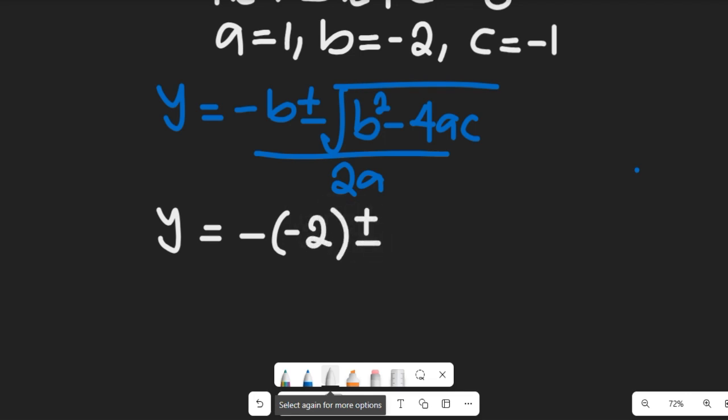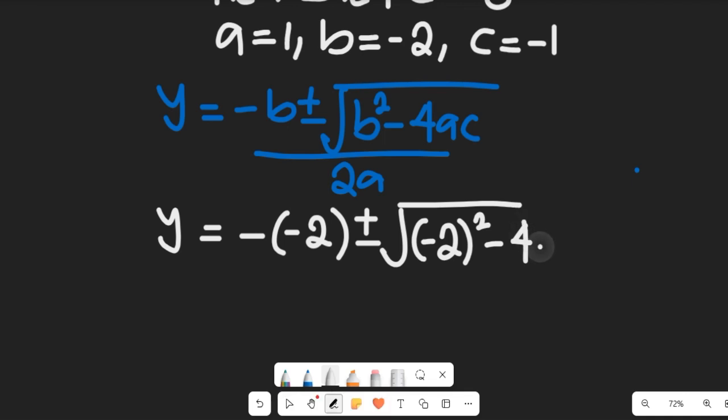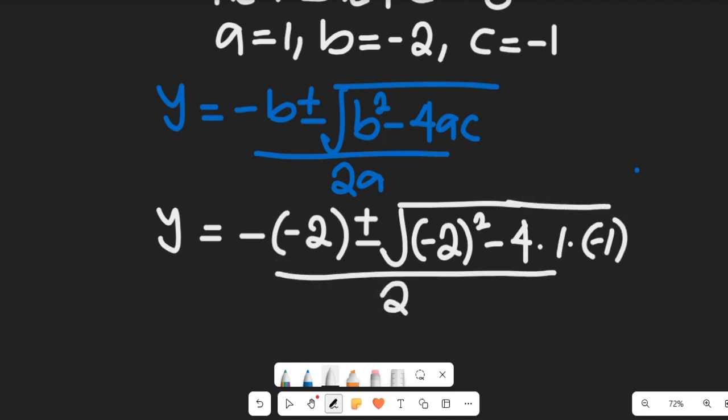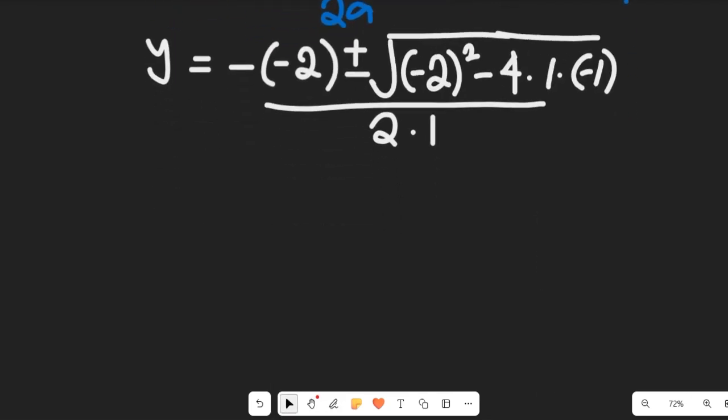Plus or minus the square root of negative 2 all squared, minus 4 multiplied by 1 multiplied by negative 1, and all of these will be divided by 2 multiplied by 1. So from this expression, we can simplify.